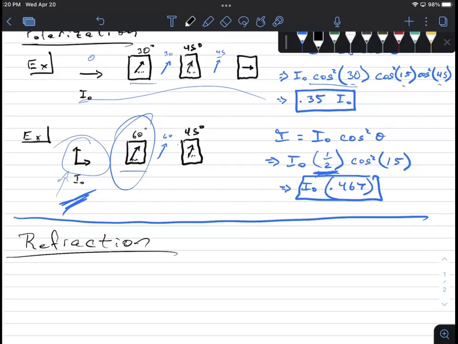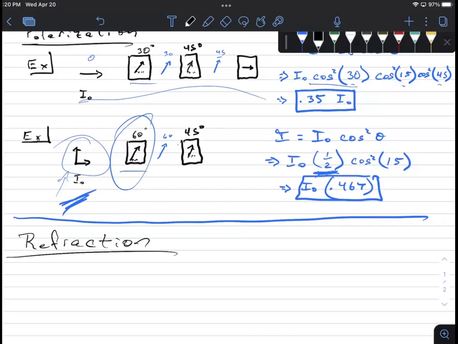You shine light, it just keeps on going, except when light tries to go through a different medium. So for instance, you're shining light in the air, no big deal. But if you shine light towards a swimming pool, well, the light is traveling through the air, and then all of a sudden it travels through water.